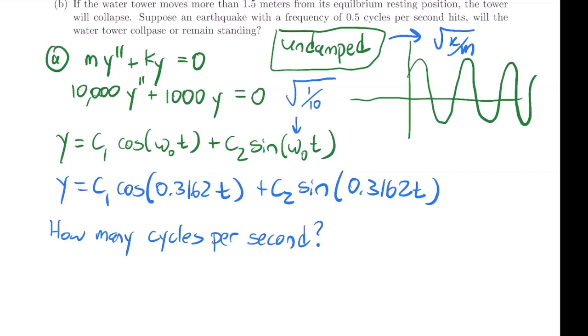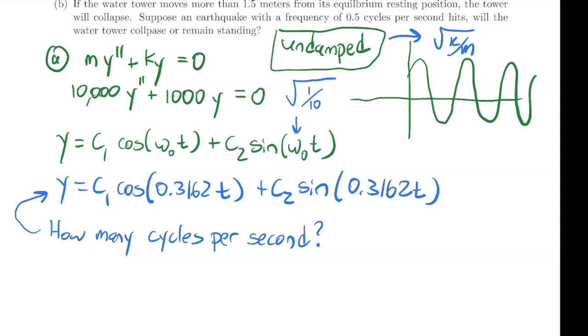So in the absence of any other forces, how can we use the solutions that we found above to figure out how many cycles this goes through in a second?